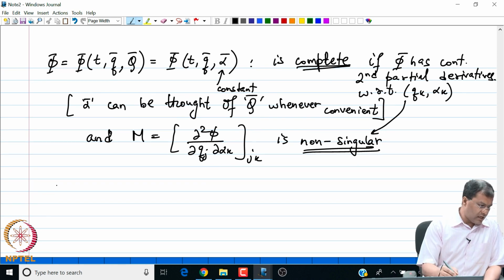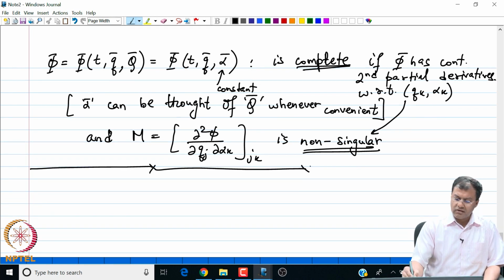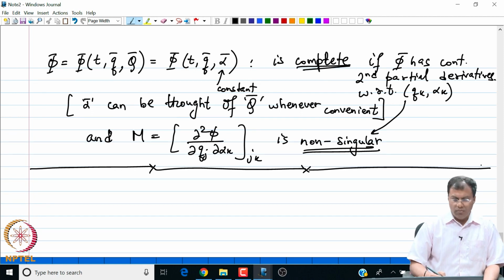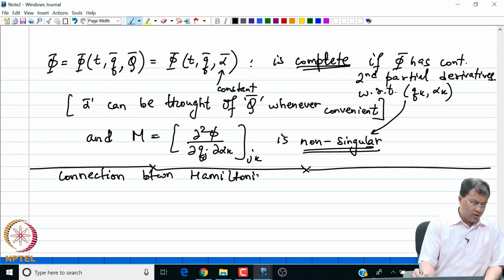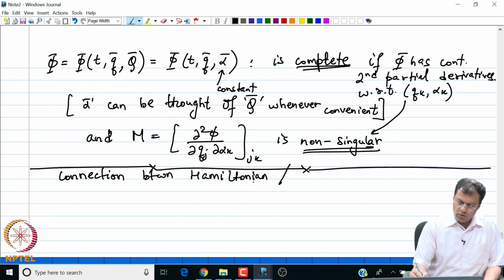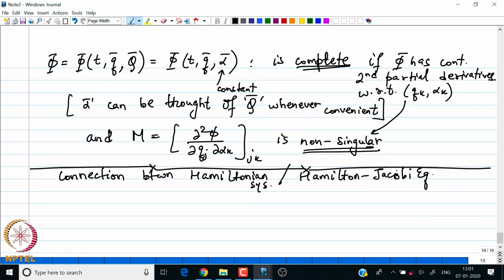In that situation I can write down the relation between the Hamiltonian system and the Hamilton-Jacobi equation. So what I am trying to do is write down the connection between the Hamiltonian system and the Hamilton-Jacobi equation. Where does the Hamilton-Jacobi equation fit in? I state this result in the form of a theorem.